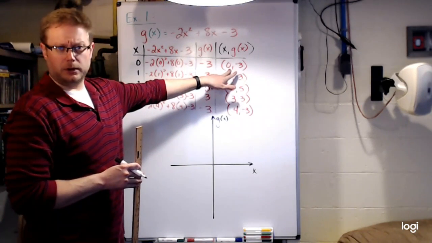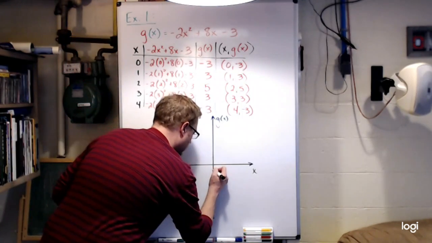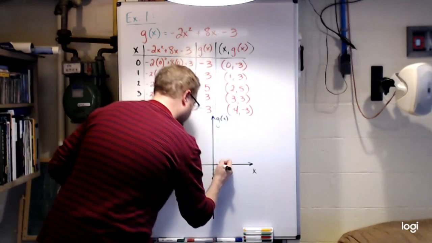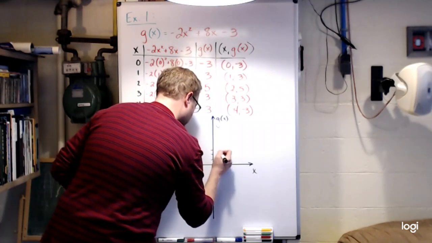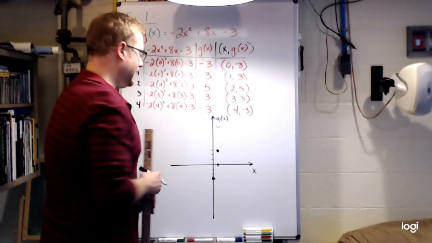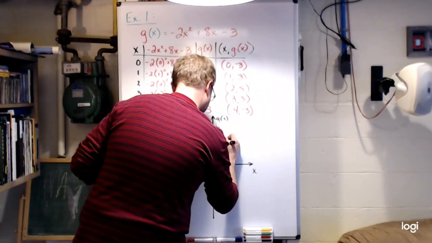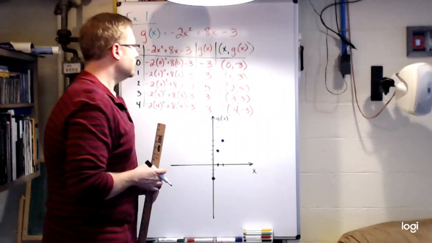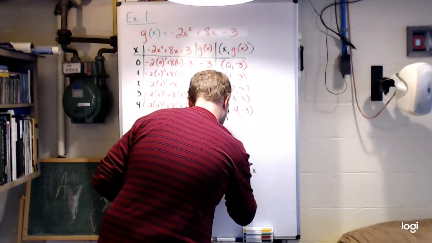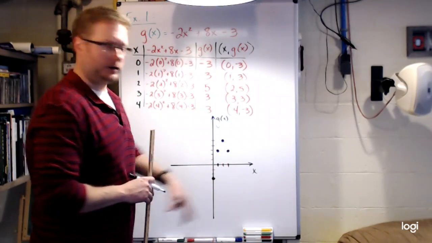Plot my points. 0, -3, so neither left nor right, but down 3. 1, 3, so forward 1, up 3. 2, 5, forward 2, up 5. 3, 3, so forward 3, up 3. And 4, -3, so forward 4, down 3.